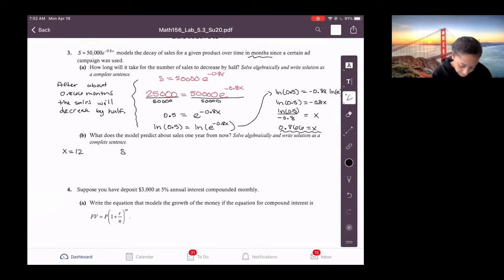Then we'd get S is equal to 50,000 times e to the negative 0.8 times 12, which gives us 3.38.